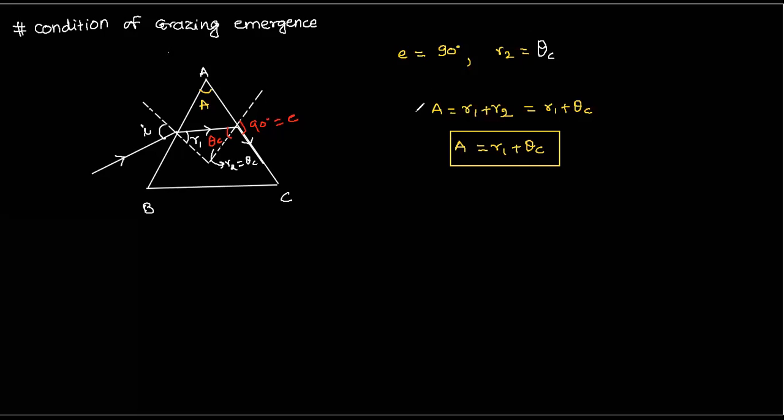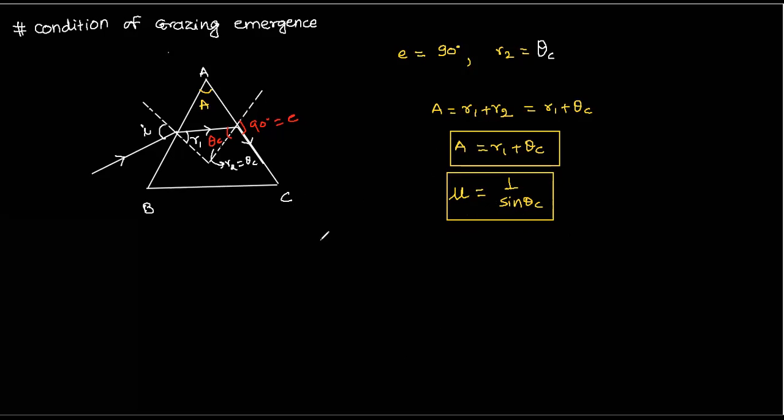And refractive index mu is equal to 1 by sine of theta c. In the last class we have learned this. Refractive index is equal to 1 by sine theta c, where theta c is the critical angle. These formulas we know.